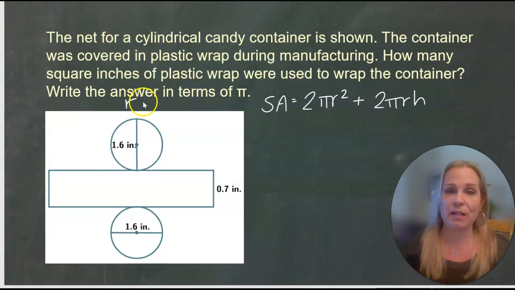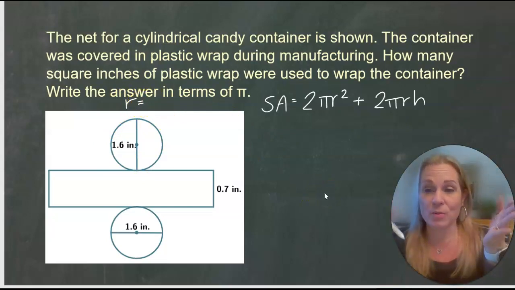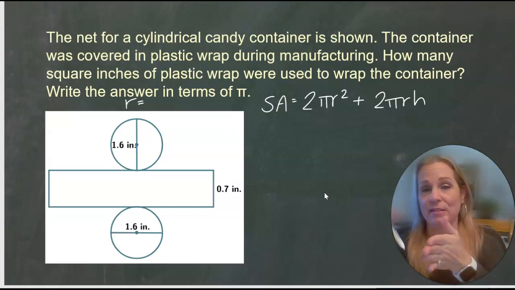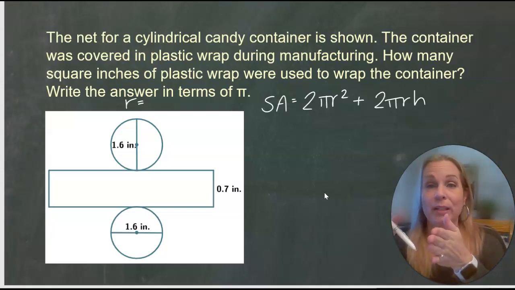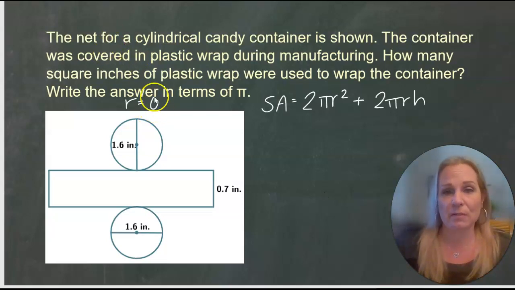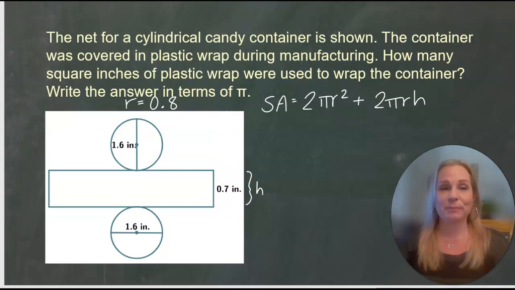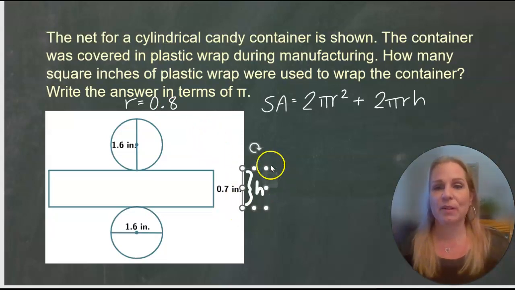We're not given the radius, we're given the diameter. If all the way across is 1.6, then half of that is 0.8, or 8/10. So I'm going to write my radius right here because I'm going to need it. And then my height, I have right here, right? That's my height.